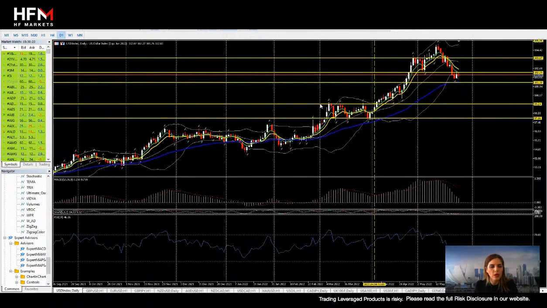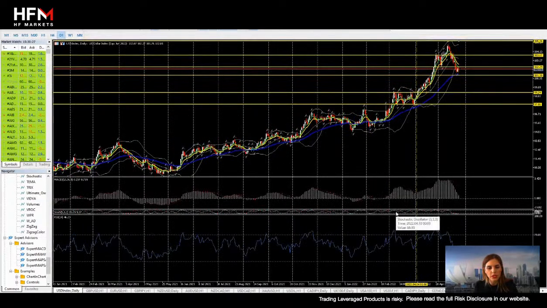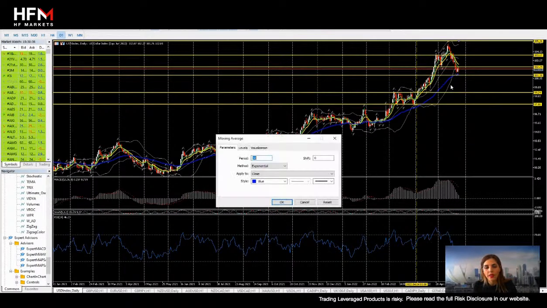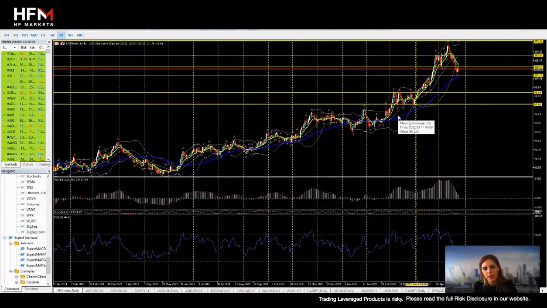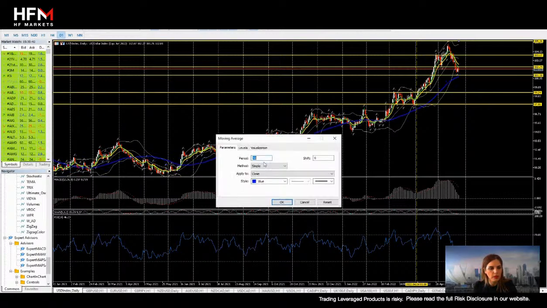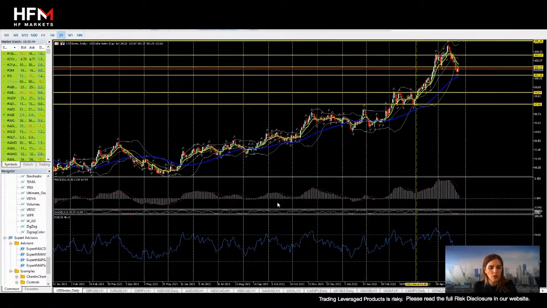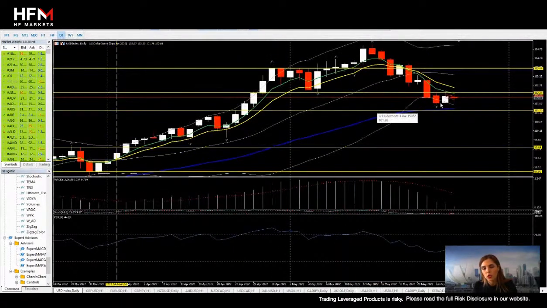If I zoom out, you can see that the 50-day moving average is supporting this upwards trend since May last year, for more than a year. This is the exponential one; even if I put the simple one, no, exponential is much better. So I was saying it supports the asset for nearly a year now.